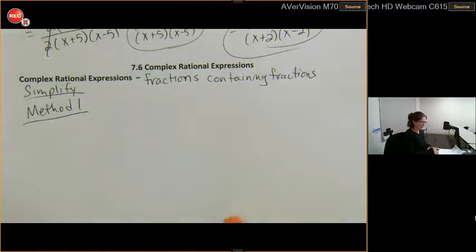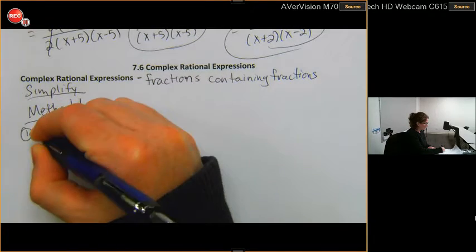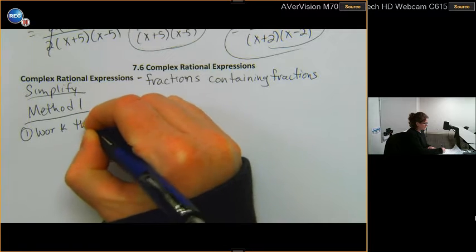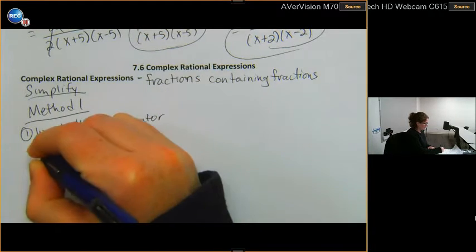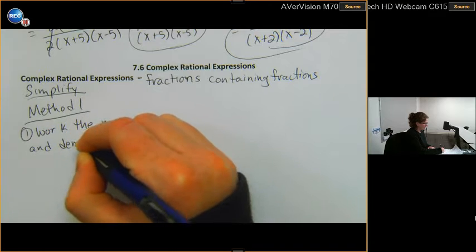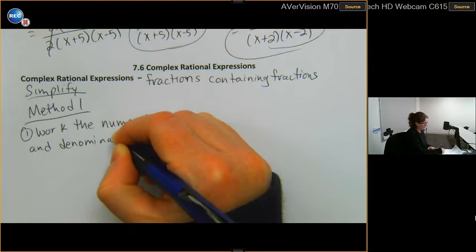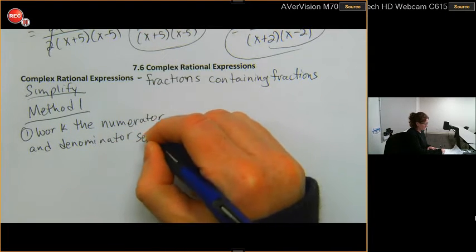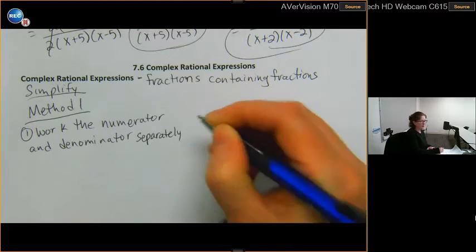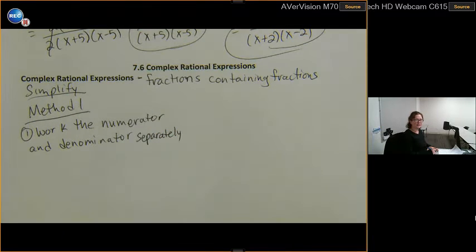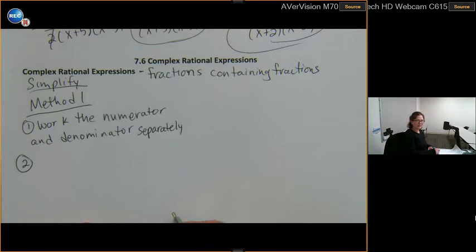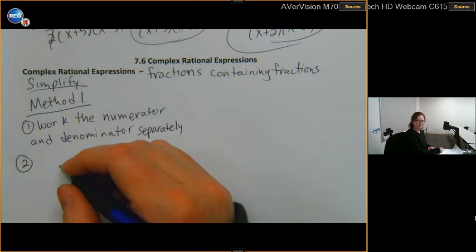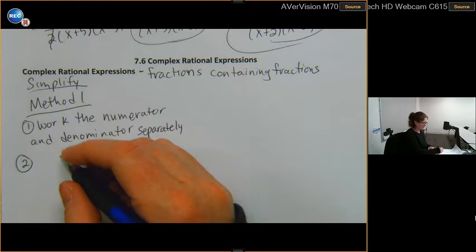Method 1, what you're going to do is work the numerator and denominator separately. And what that involves is getting common denominators and adding or subtracting wherever you can. Then, when you get all of that done, you're going to change the problem to multiply by the reciprocal and simplify it.